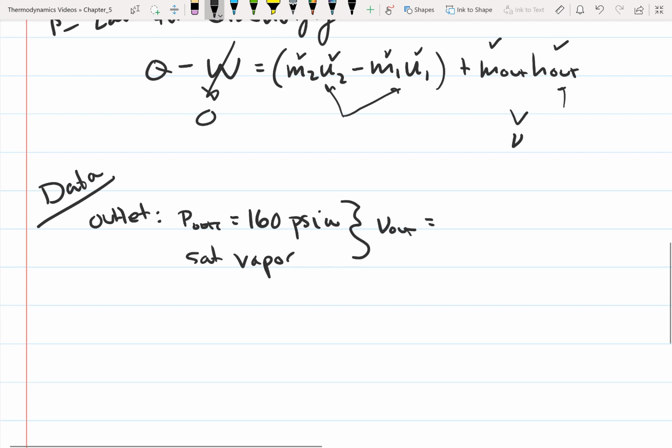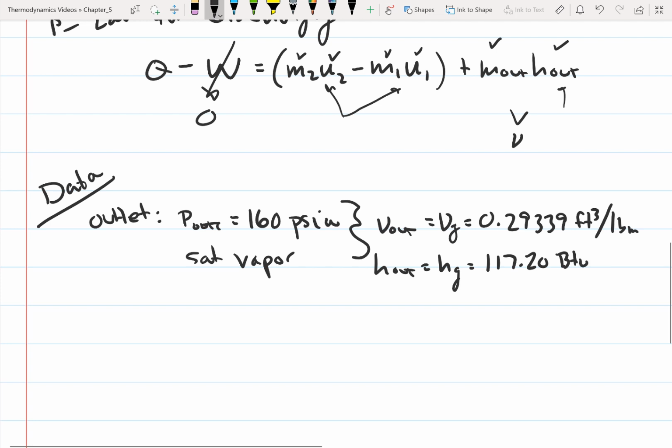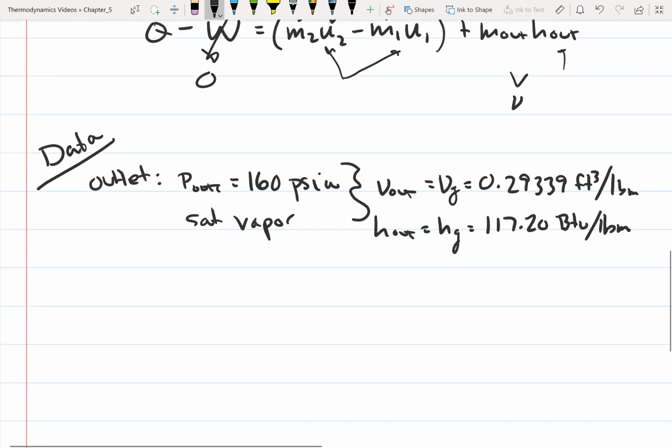The specific volume out is equal to the specific volume of the saturated vapor, which is 0.29339 feet cubed per pound mass. And the enthalpy out is equal to the enthalpy of the saturated vapor, which is 117.2 BTU per pound mass. So we have the outlet.